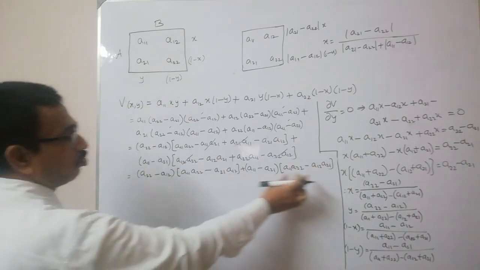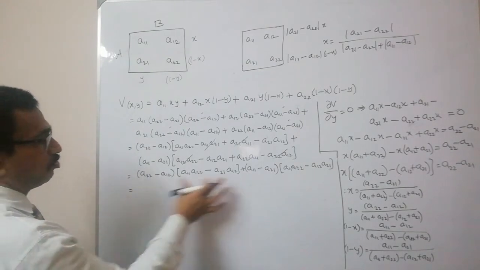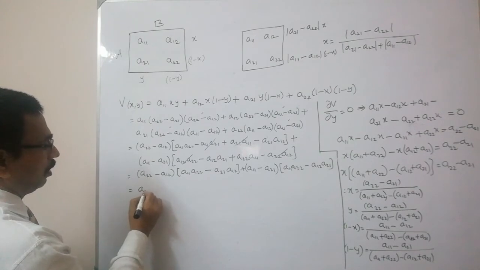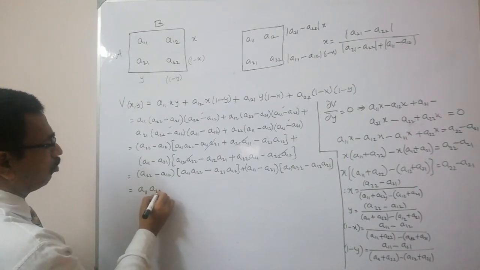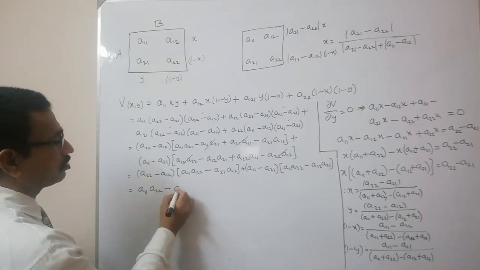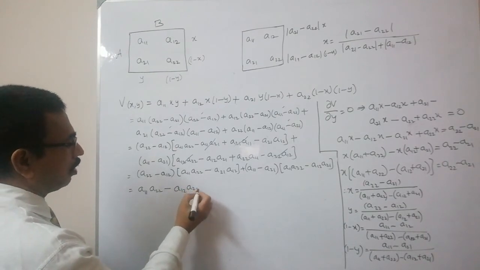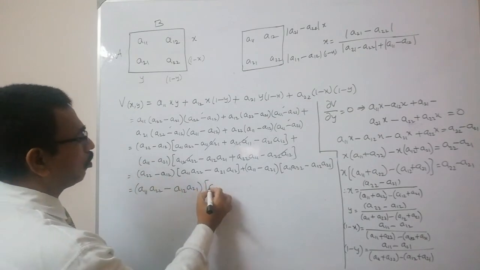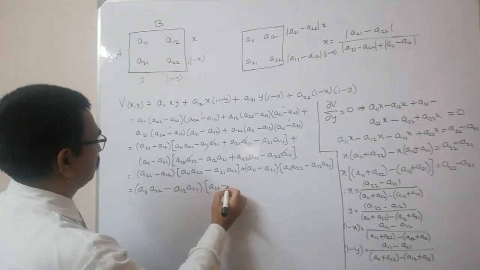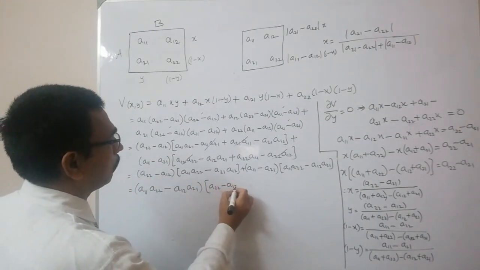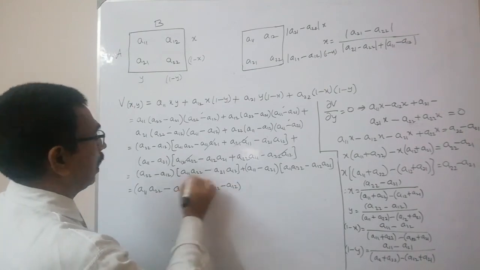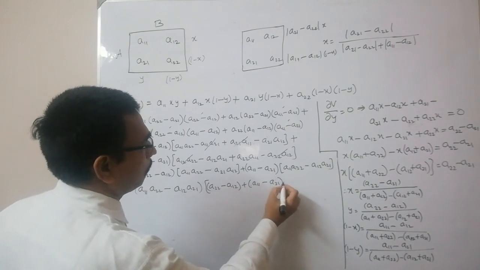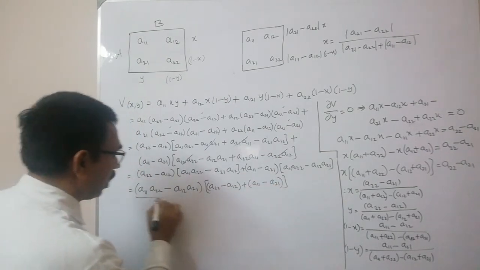Again, these two are common in these two terms. These are the common factors. Now we can take out a11 a22 minus a12 a21 into a22 minus a12 plus a11 minus a21 by, now I am taking the denominator.